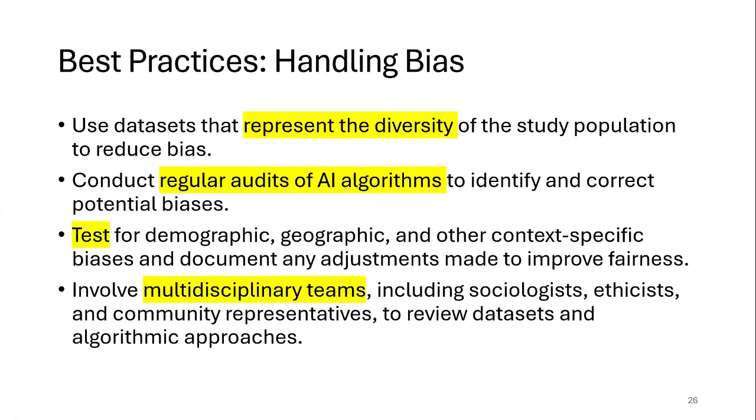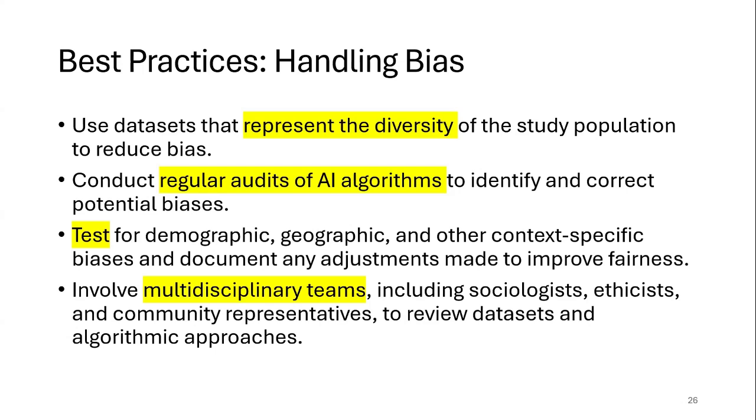But even when we use AI with a small set of files or data, for example, in the previous demonstration we used only 3 articles, but it gave a comprehensive synthesis as if we had analyzed 100 or more articles. That means it is generalizing the results based on the input that we gave. So that is a problem. To prevent that, we can have diverse data from the study populations.